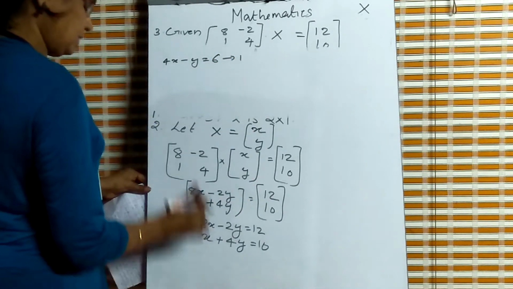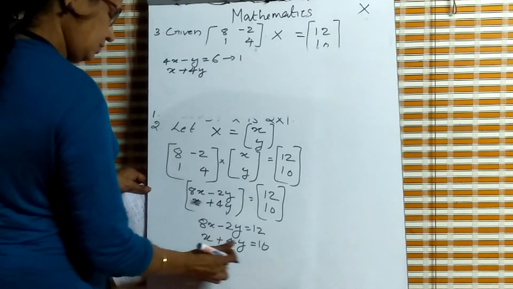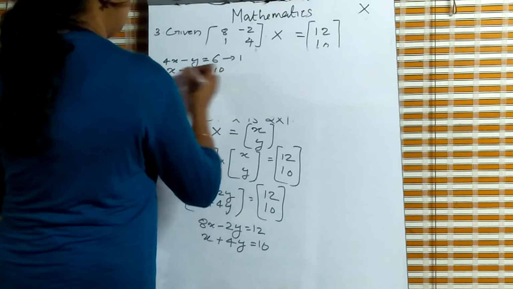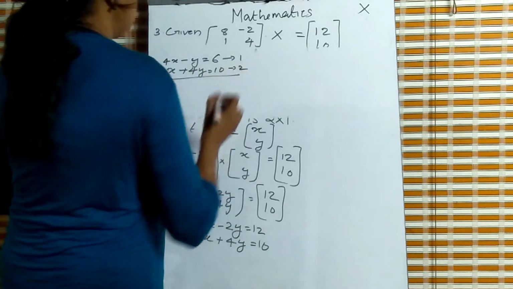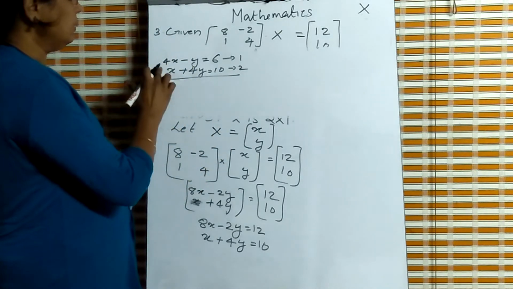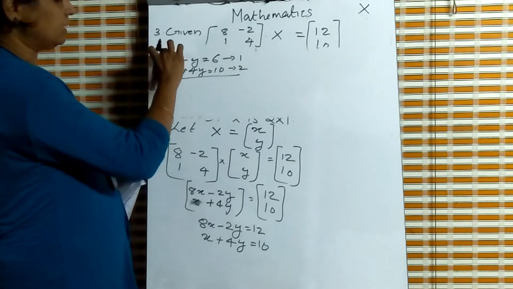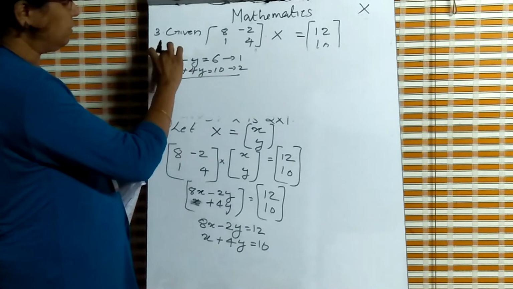Equation 1. And second is x plus 4y is equal to 10. We have two equations. We have to eliminate any one of the coefficients. This is 4 and this also.